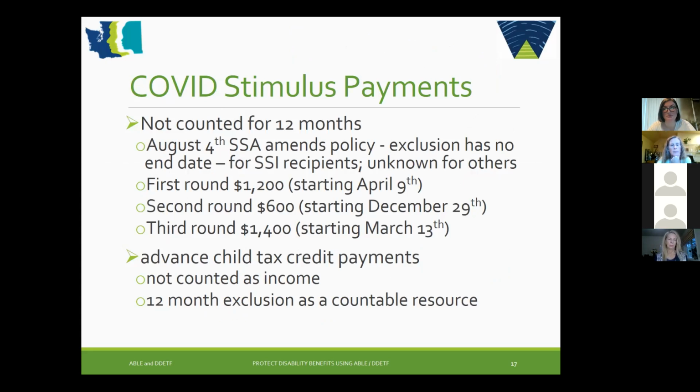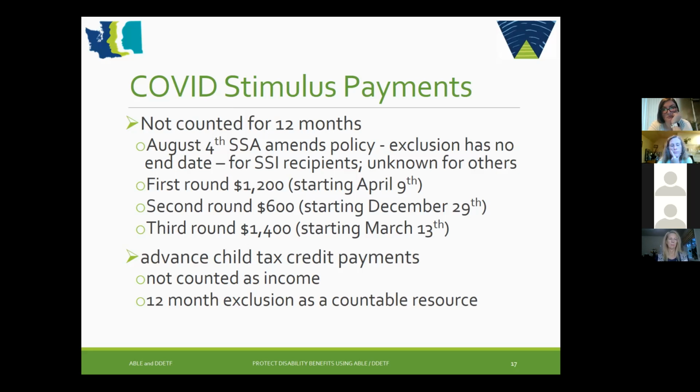Well, they amended that policy last month with an unknown end date, so that not counting has grown from 12 months to now we're looking at 18 or 24 months as they keep amending that policy, which is a good thing. So all that money that perhaps our beneficiaries started receiving isn't going to be detrimental to their SSI or other federal means tested benefits. But that was before they made that change.